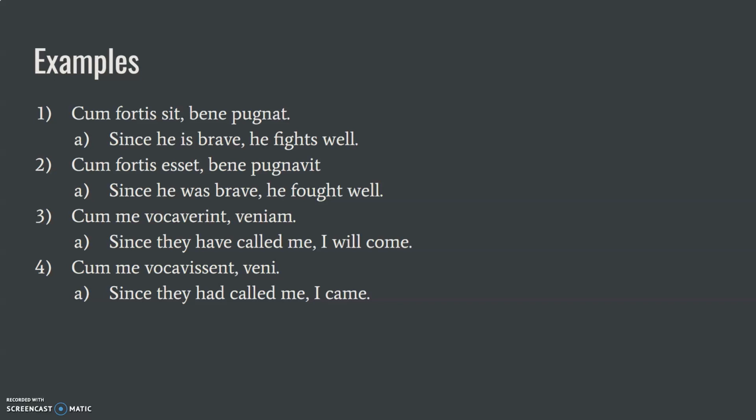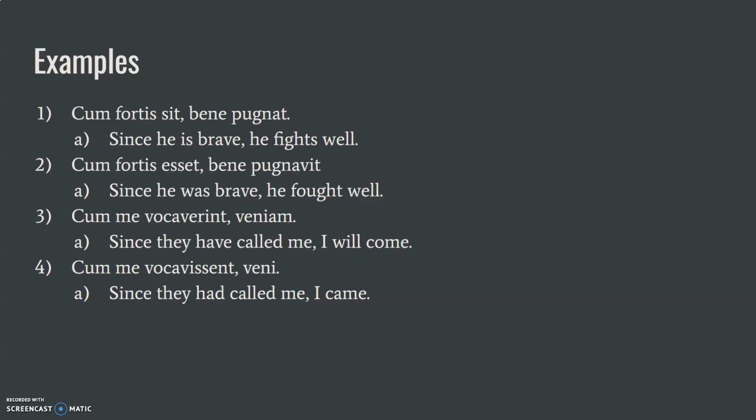So we have primary sequence. We have perfect active subjunctive, so we know it is prior time. So, I will come because they called me in the past. So, vocaverint, perfect active subjunctive in prior time because it's a primary sequence occurring before the main verb.